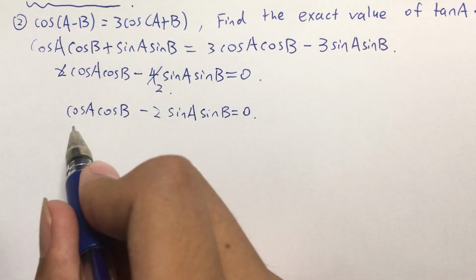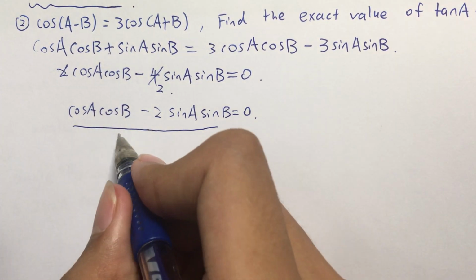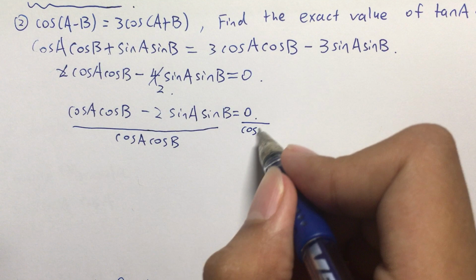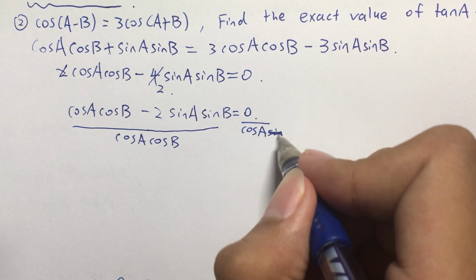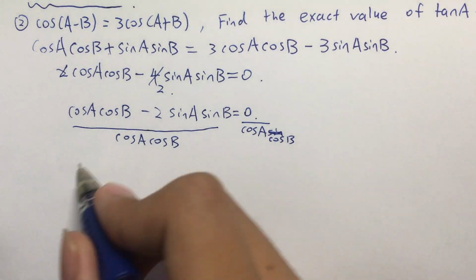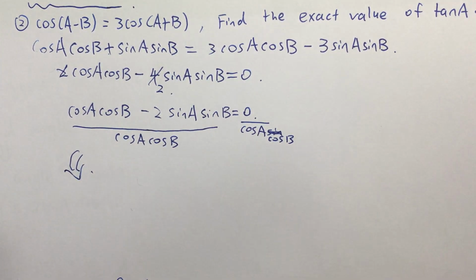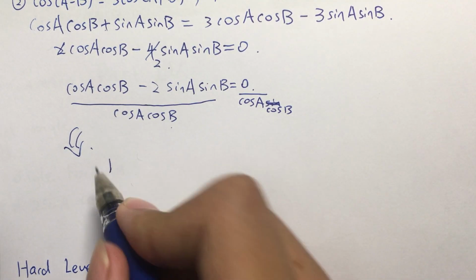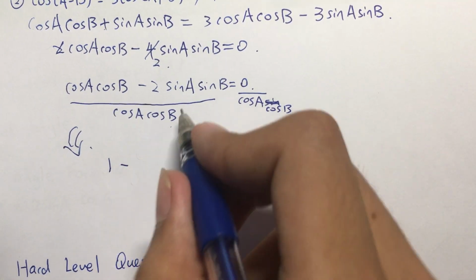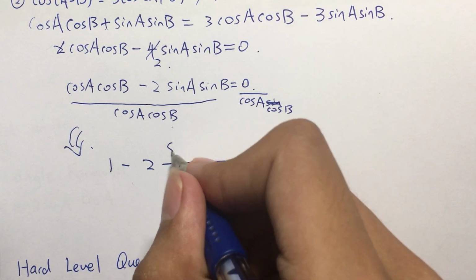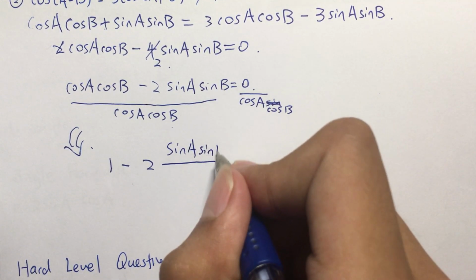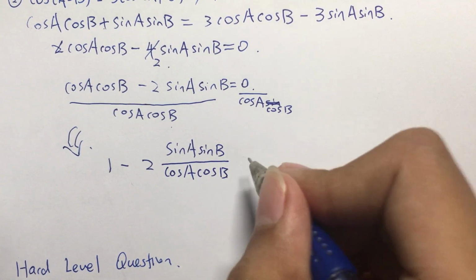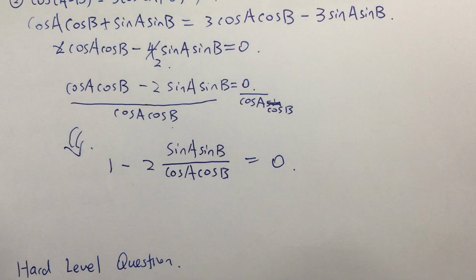And now let's divide it by cosine a cosine b on both sides. Because cosine a cosine b over cosine a cosine b is equal to 1, and minus 2 sine a sine b over cosine a cosine b is equal to 0 again.